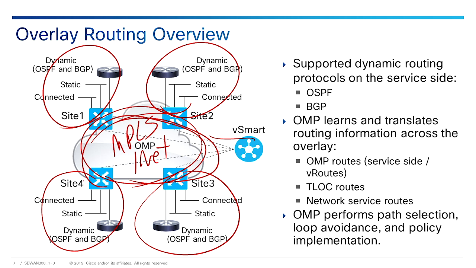So if you think of the services side, I want you to think of that's the side that's using this SD-WAN solution. They're the user side of the network, if you will. Okay? And from that side, we can run BGP, OSPF, and statics, and connected routes as well to connect back to the devices, those server-side devices.